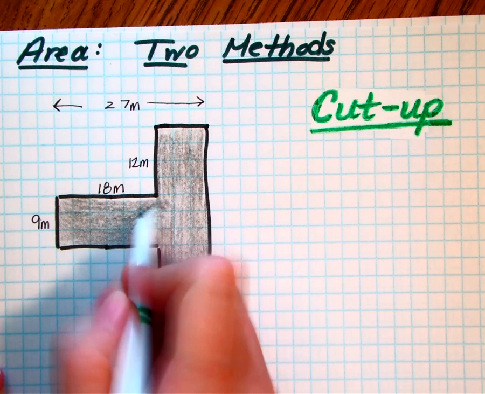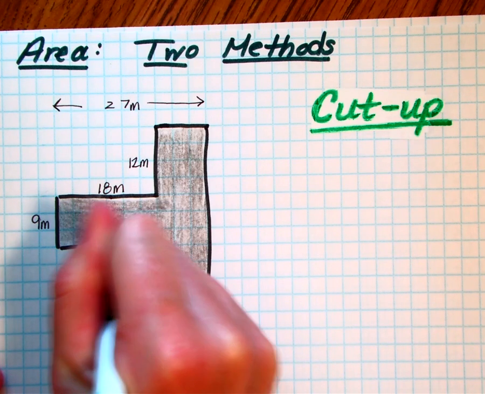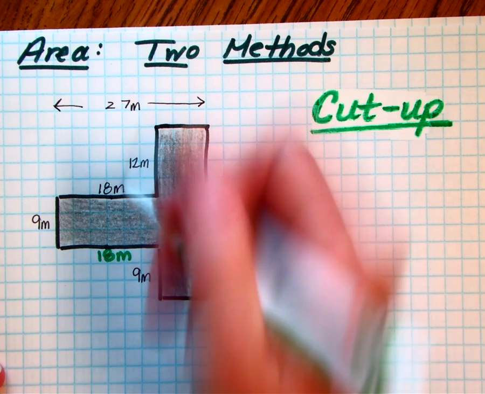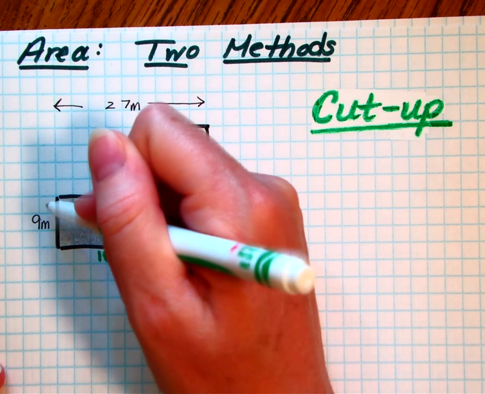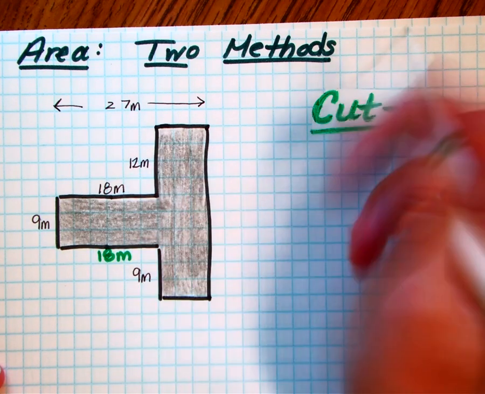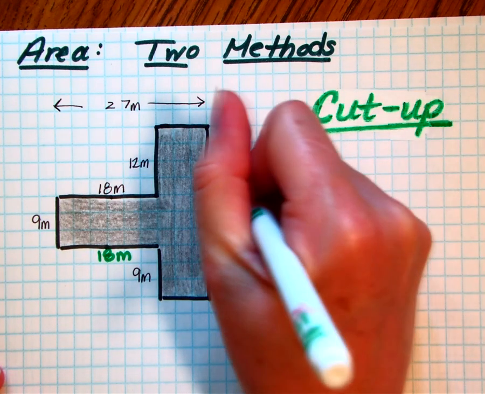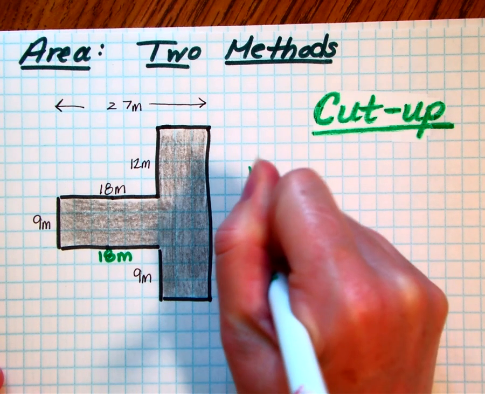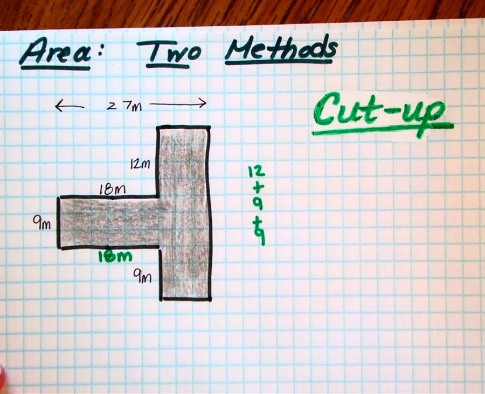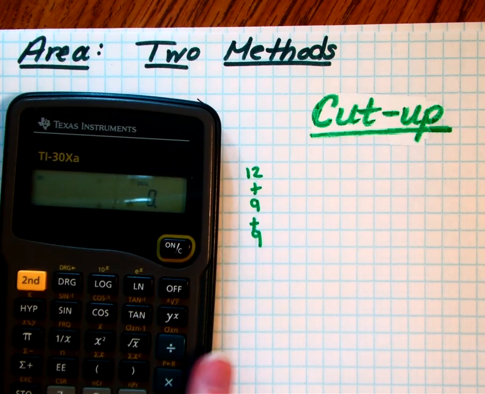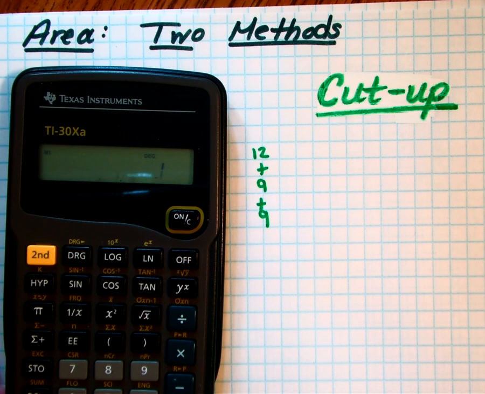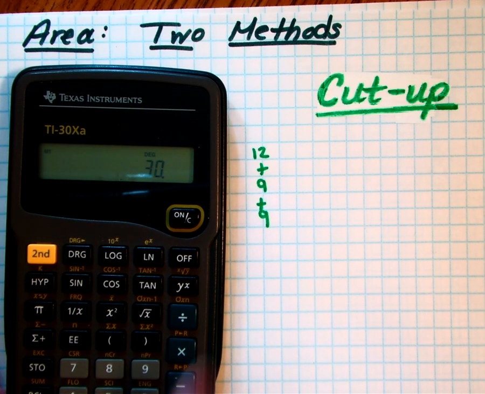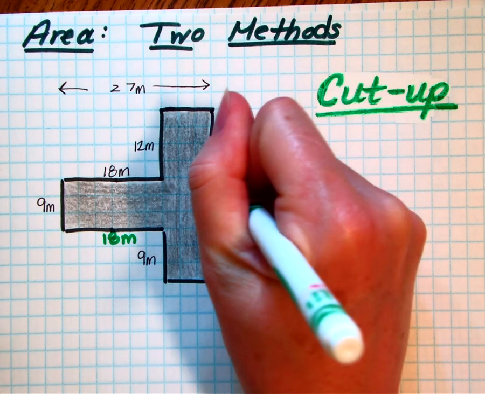Alright, so if this is 18, then this one's 18. This is 12, 9, and 9, which means this side right here is 12 plus 9 plus 9. I'm going to take out my calculator today. 30. So that side is 30.